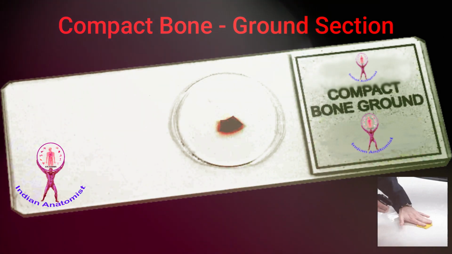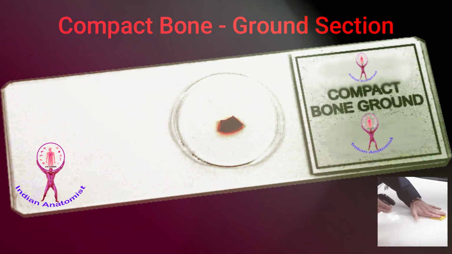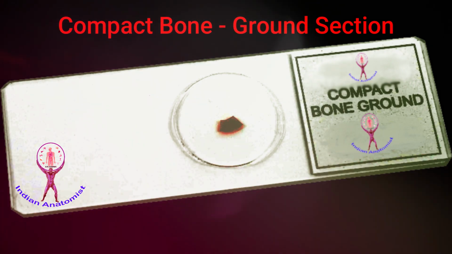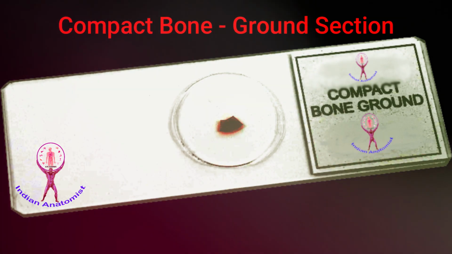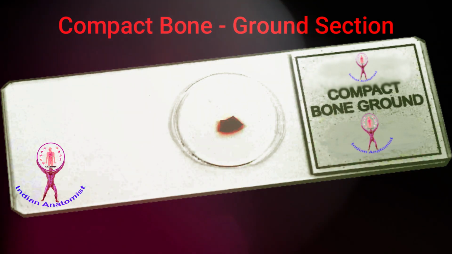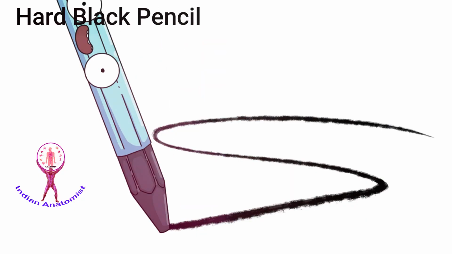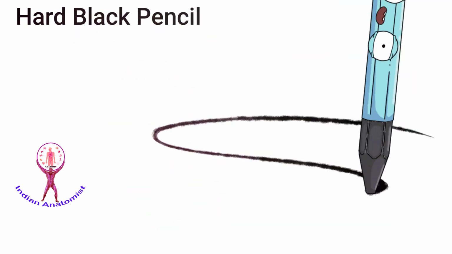Small bone fragments are rubbed across hard surfaces to create thin plates of bone. After washing, it is placed on the slide for observation. Because of this, the osteocytes are washed away and leave small spaces called lacunae. Students use only HB pencils to draw compact bone diagrams in their record notebooks.